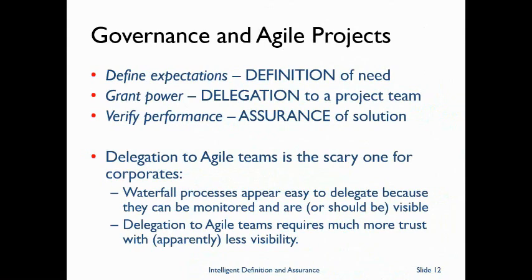But for an organization used to waterfall, delegation to an agile team seems much more risky because there's less visibility of what goes on inside those teams, and so there needs to be more trust. We don't trust the techie with waterfall. We have to invest more trust and get less visibility out of agile teams. That's why it's a bit scary to them.